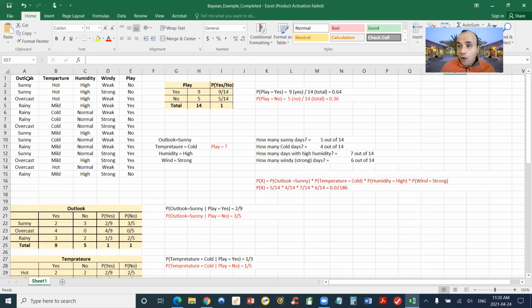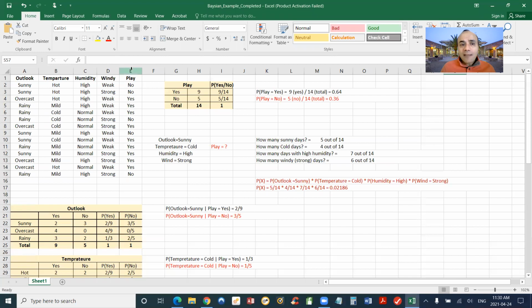Outlook has a number of values: sunny, overcast, and rainy. Temperature is going to be hot, mild, and cold. Humidity is going to be high and normal. And windy is going to be weak or strong, and that's it. And then the target column is going to be yes and no. We want to classify on the yes and no. It's kind of binary this time, okay?